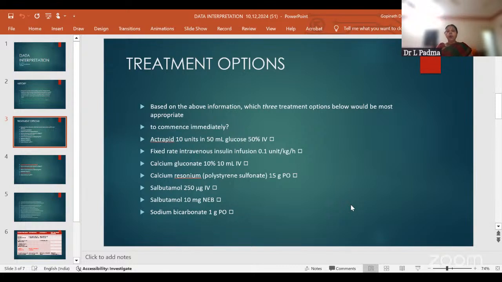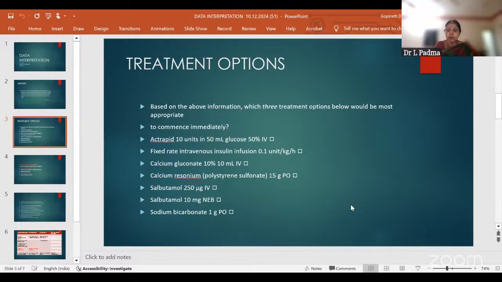So think, why have they chosen these things? We have got problems with two things, isn't it? HbA1c as well as potassium. So does it correlate here? We have to know whether what we have chosen correlates with the problem the patient has.